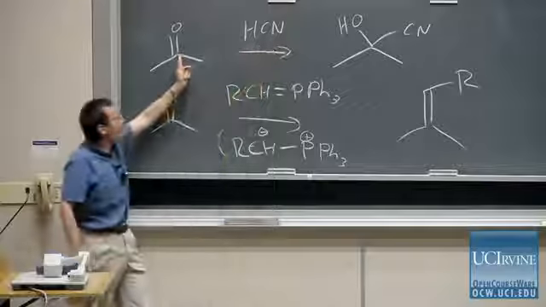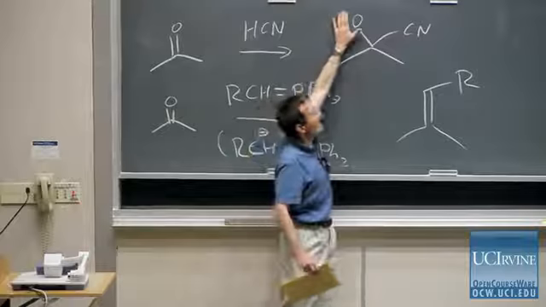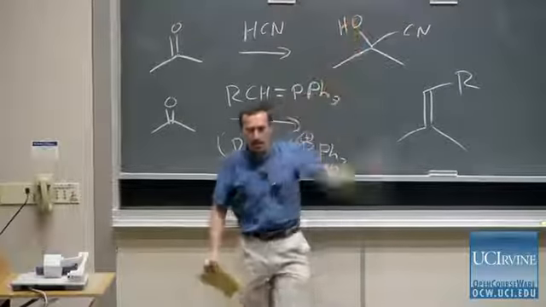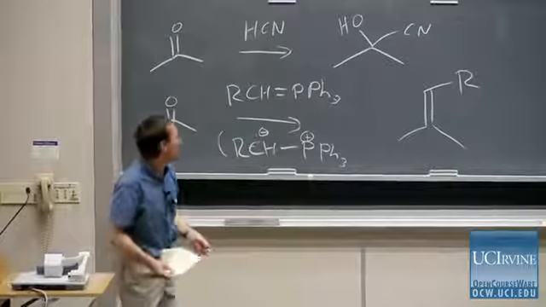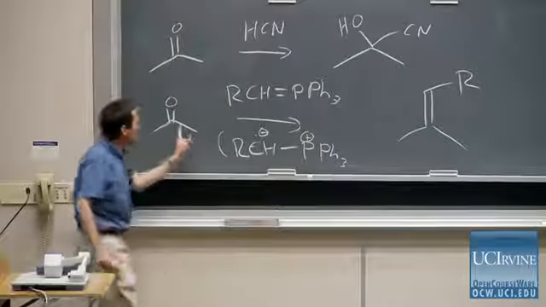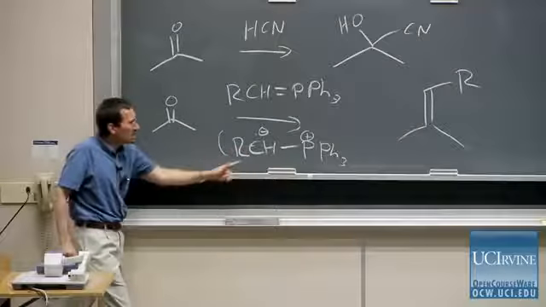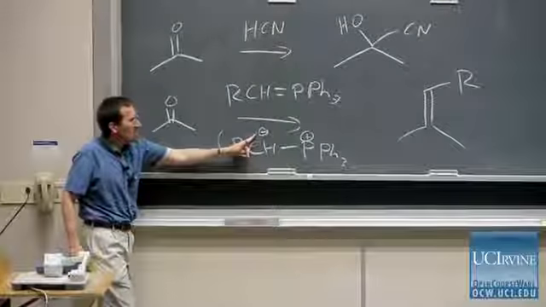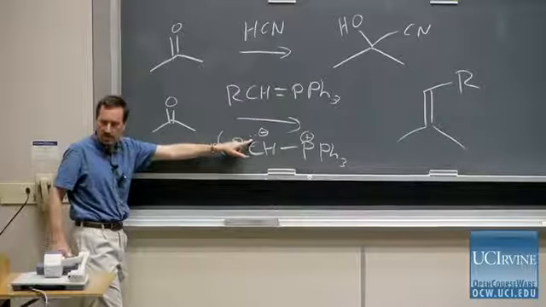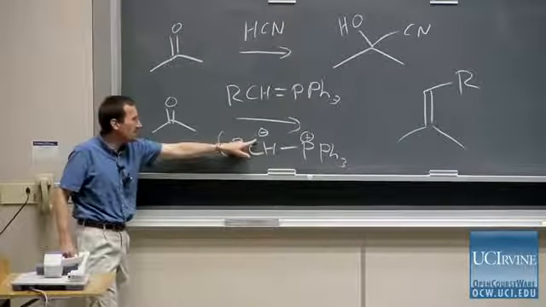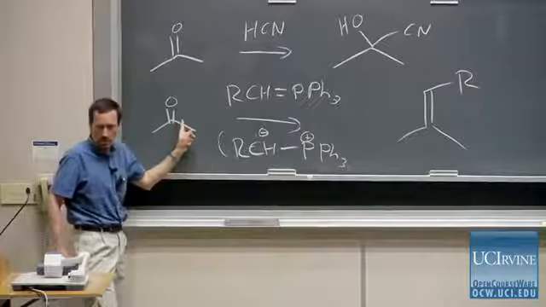CN- adds to the carbonyl, the resulting alkoxide anion then picking up a proton from another molecule of hydrogen cyanide or from hydronium ion. In the case of the Wittig reaction, the start of this theme was very similar. In other words, we start our mechanism by electrons flowing from the nucleophilic species, in this case, the basic carbon, the carbanion-like carbon, to the oxygen.